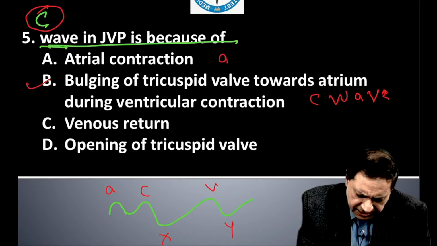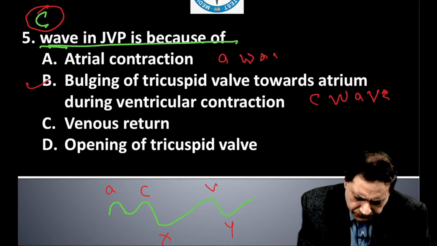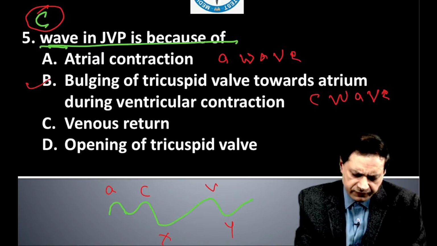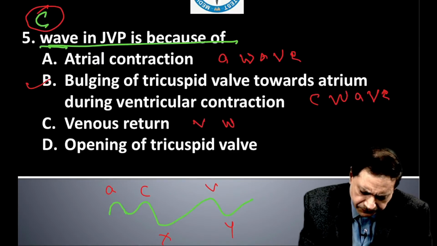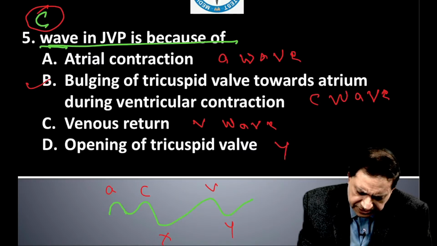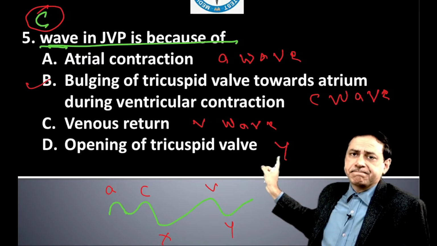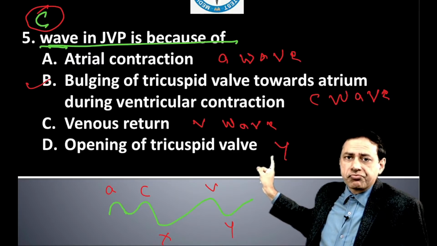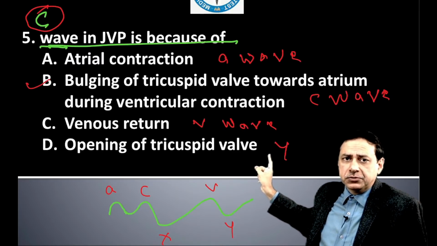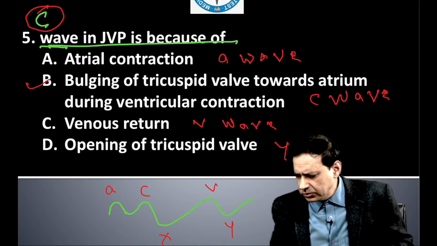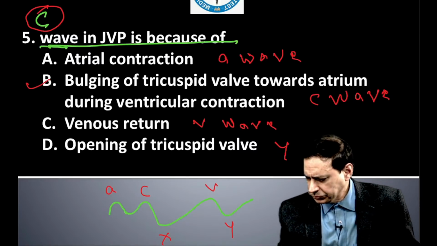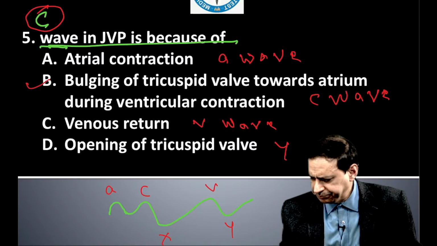Atrial contraction, A wave. Venous return, V wave. Opening of tricuspid valve, Y descent. Y descent can explain this. Okay? So JVP and their causes.